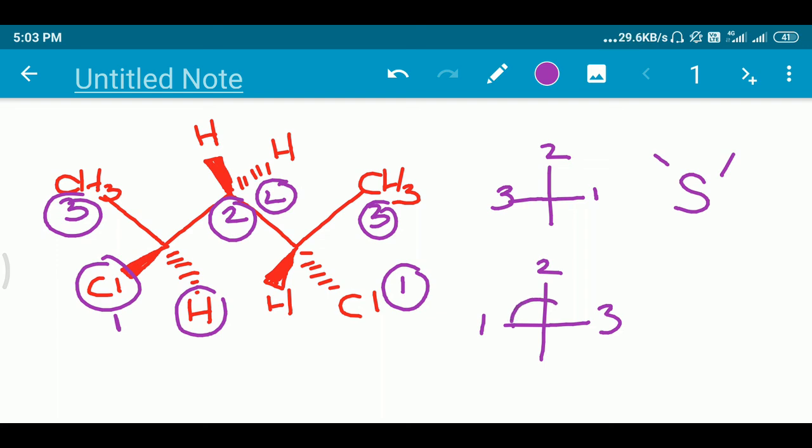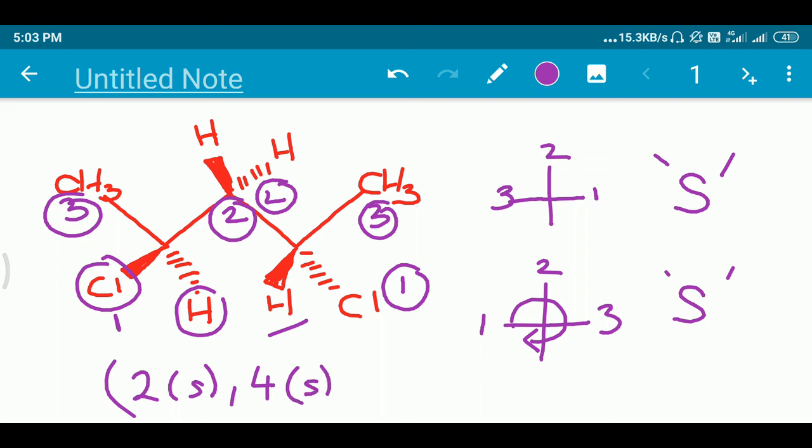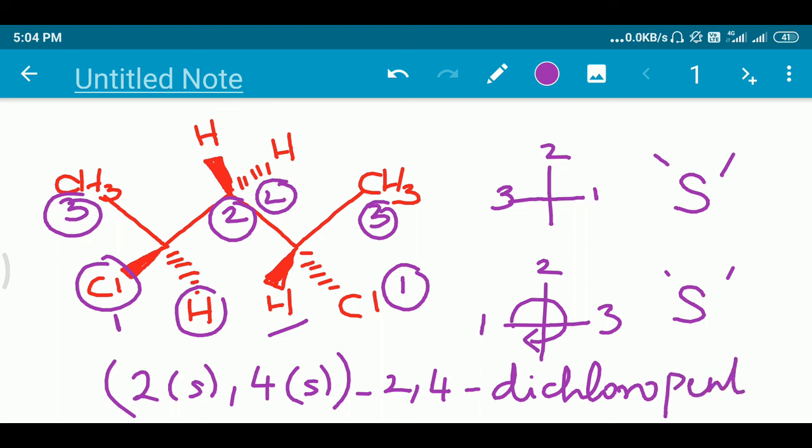So we are moving in clockwise, it is R actually, but we have to take the opposite configuration, therefore it is S. So this is the structure of 2S,4S-dichloropentane. Thank you.